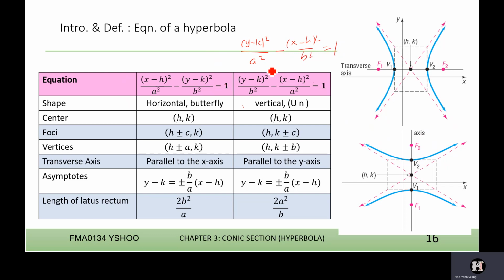For them, a is always the one in front. But I prefer that a always follows the x and b always follows the y, so I don't need to remember too many things. That's why I follow this.